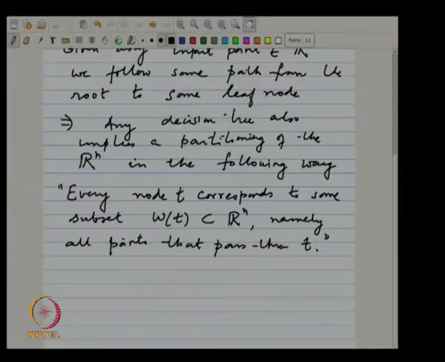Eventually, the leaf nodes correspond to all those points in R^n that reach that leaf node. Likewise, for any other internal node, any point that reaches that node corresponds to that node. So, W_T corresponds to the node T.